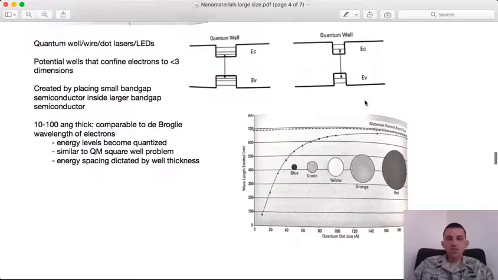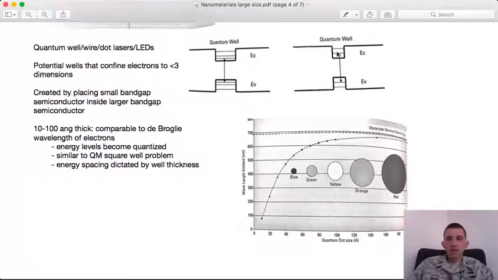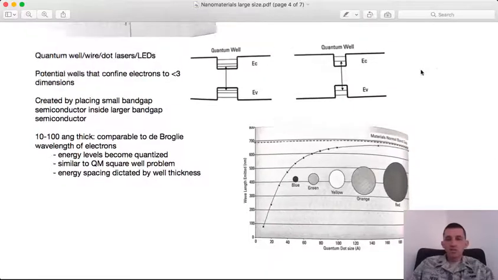So if I can control this thickness, then I can make a device that emits at any wavelength that I want. And so that's why it's so important. We talked about molecular beam epitaxy having the ability to deposit one layer of material at a time. If I want to have that tight control over the thickness of this layer, I may need to deposit a certain number of atomic layers in order to achieve that.